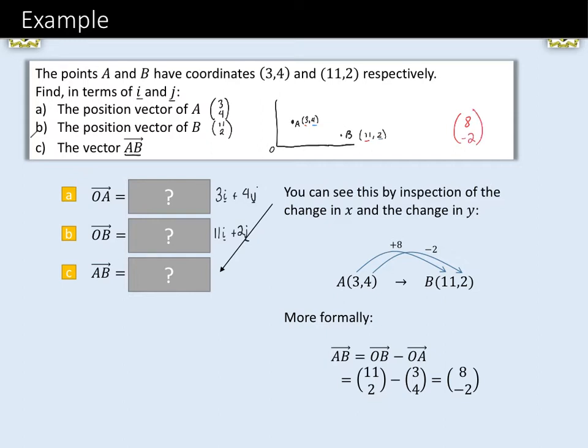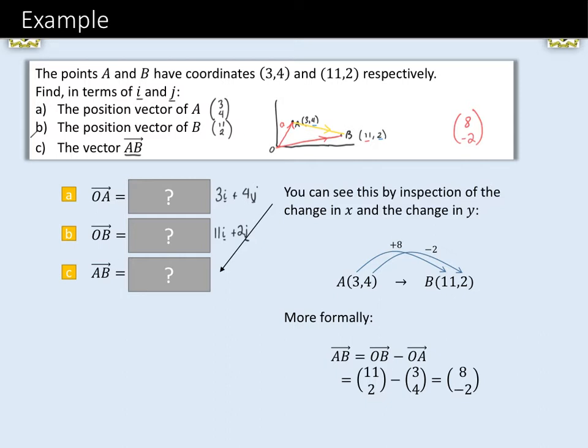So I could just write it like that by inspection, but if we want to do it slightly more formally, we could think of it in terms of the vectors there. So we want to find A to B, so we're looking for that vector there. So I know that O to A, I could call that a here, which is 3i plus 4j, and O to B is just here, and that is 11, 2, so 11i plus 2j.